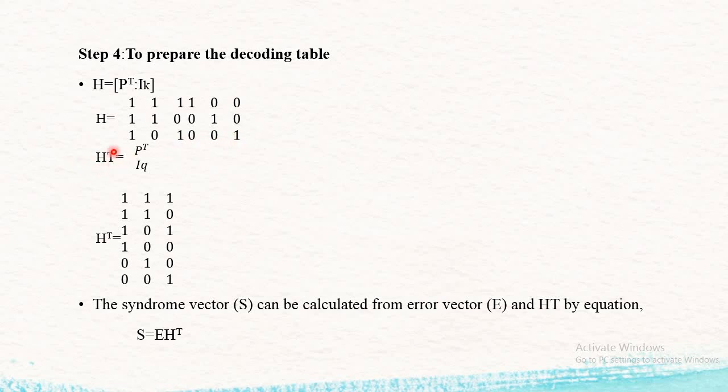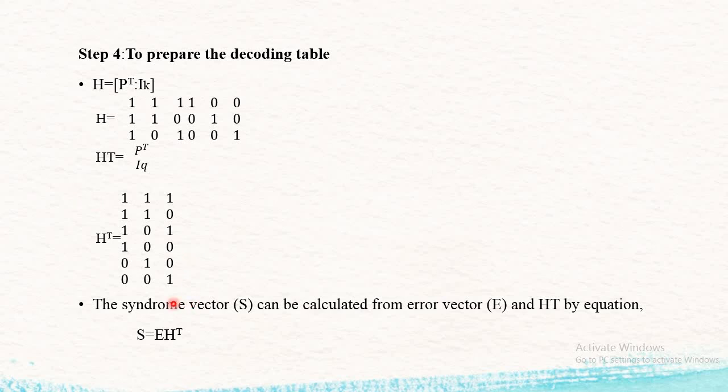Now what is going to be the H transpose? H transpose is represented in the format of P transpose, which we have written above, and then we write the I sub q. We are just taking the transpose of H, which comes out to be here. Transpose is nothing but conversion of rows to columns and columns to rows, that's it. So this comes out to be the H transpose.